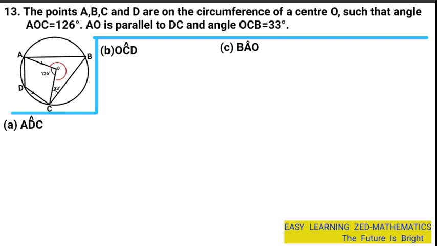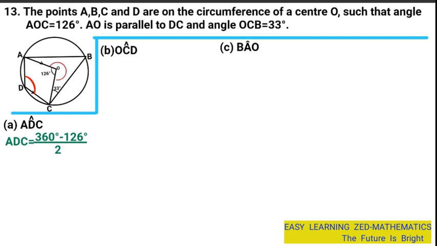So what I'm saying is we're going to do this: angle ADC is equal to 360 degrees minus 126 degrees, divided by 2. What we are trying to say is that the total angle of that red arc is 2 times the angle ADC. So if we find the angle adjacent to 126 degrees, then we can find the angle ADC.